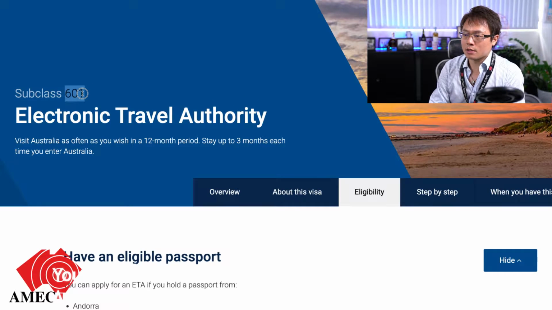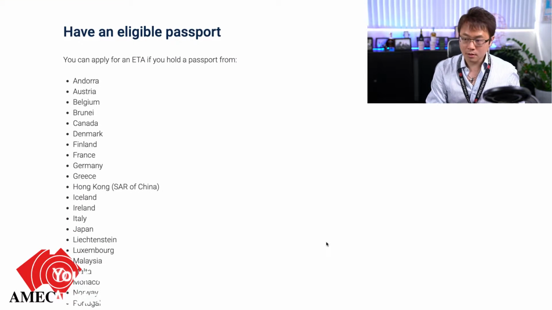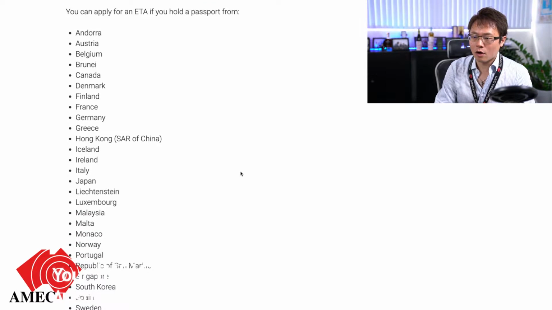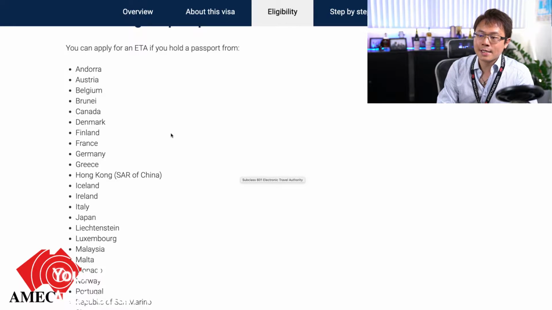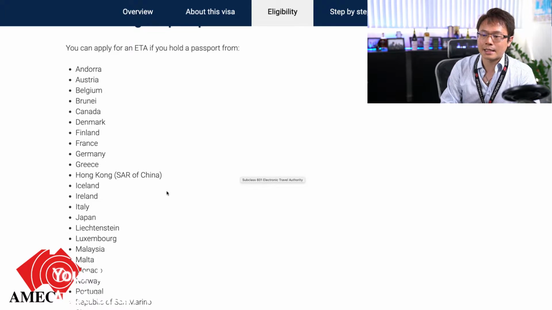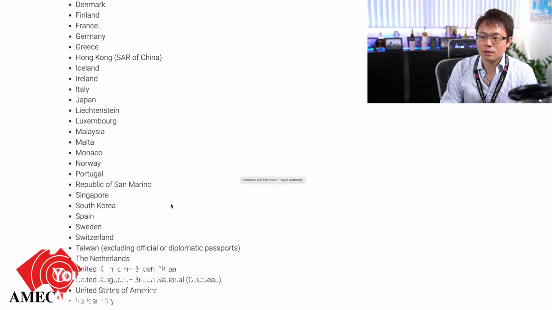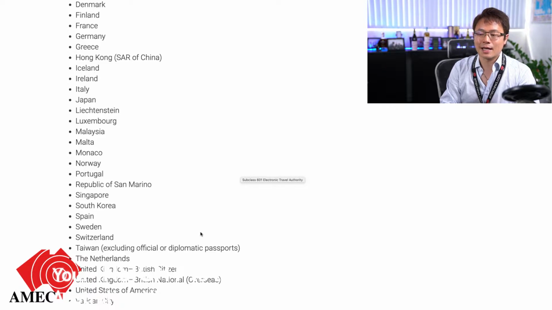Subclass 601 requires that the applicant hold a passport from this list of countries: Andorra, Austria, Belgium, Brunei, Canada, Denmark, Finland, France, Germany, Greece, Hong Kong, Iceland, Ireland, Italy, Japan, Luxembourg, Malaysia, Malta, Monaco, Norway, Portugal, Singapore, South Korea, Spain, Sweden, Switzerland, Taiwan, the Netherlands, the UK, the US and Vatican City.